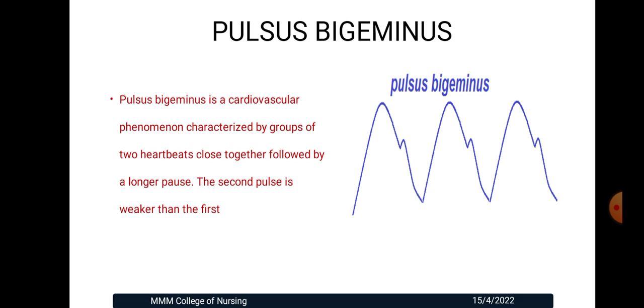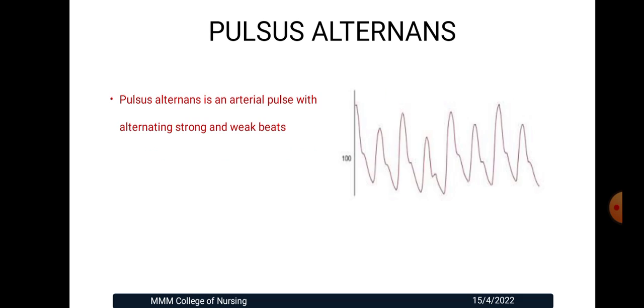And coming to the pulsus bigeminus. Pulsus bigeminus is a cardiovascular phenomenon characterized by groups of two heartbeats close together followed by a longer pause. The second pulse is weaker than the first.